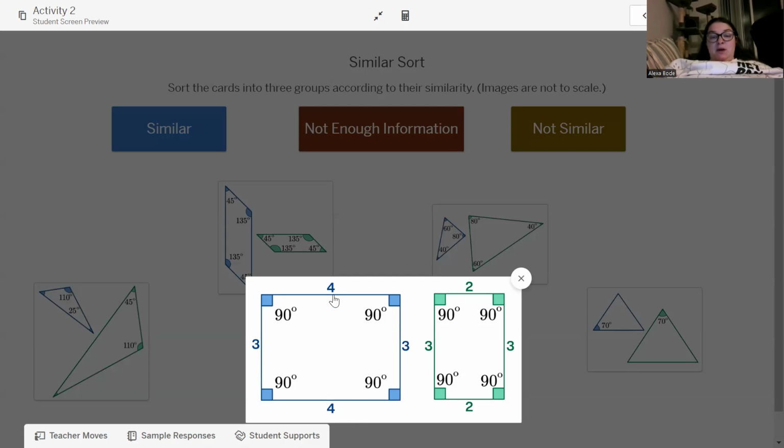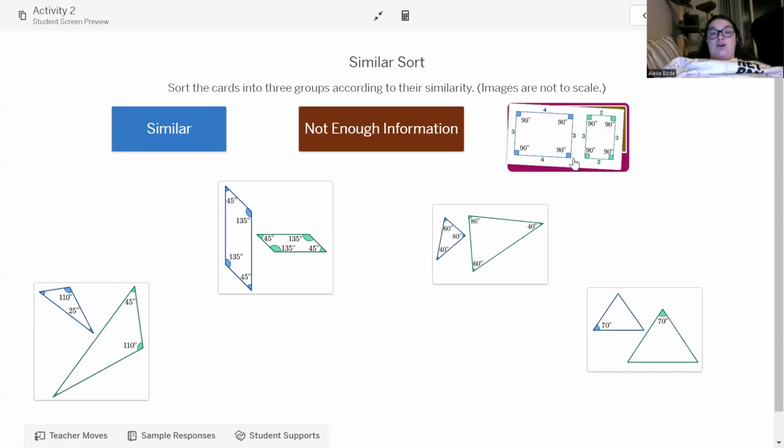So if I'm going from 4 to 2, that is a scale factor of 1/2. Or if I'm going from 3 to 3, that is a scale factor of 1. So that is not similar. Maybe if I tried to rotate this one so that it went from 4 to 3 and then 3 to 2, but that is also still not similar.